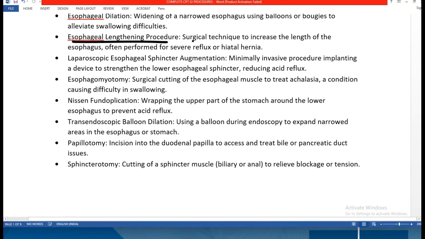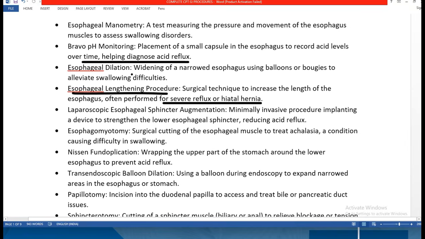A surgical technique to increase the length of the esophagus, often performed for severe reflux or hiatal hernia. Whenever you want to code these procedures, we must check the medical necessity. For example, if you want to code esophageal dilation, your PDX must be narrowed or stenosed esophagus.